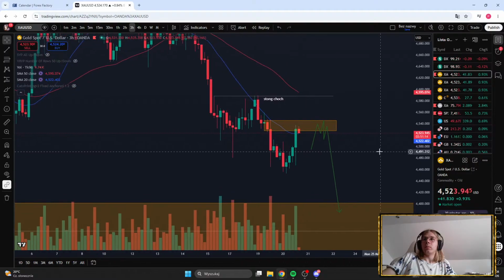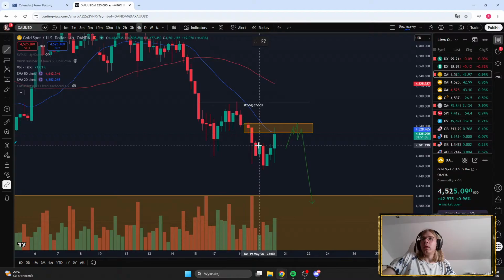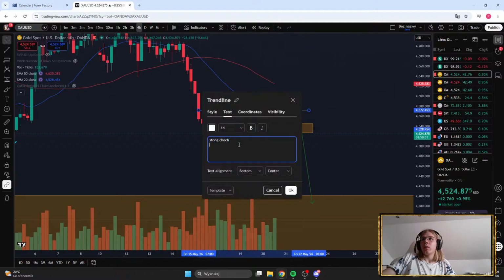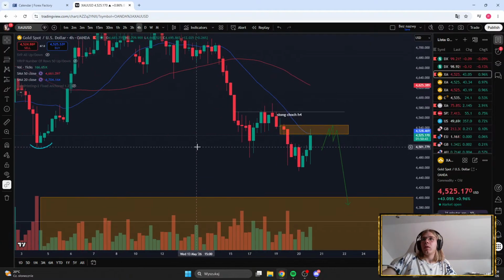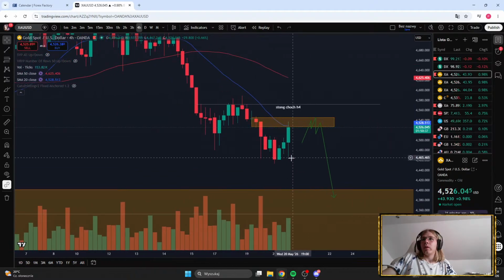What the volume? Breakout here on 4 hour. Touch the EMA 20, BOS here.